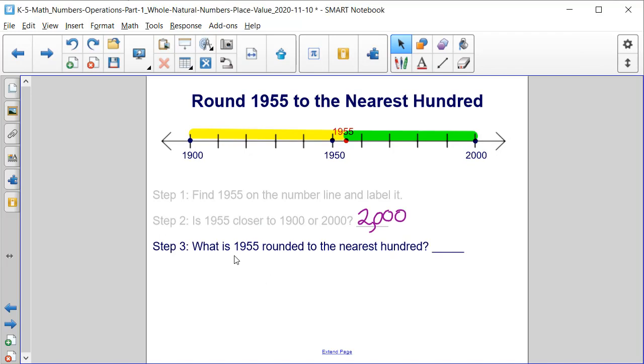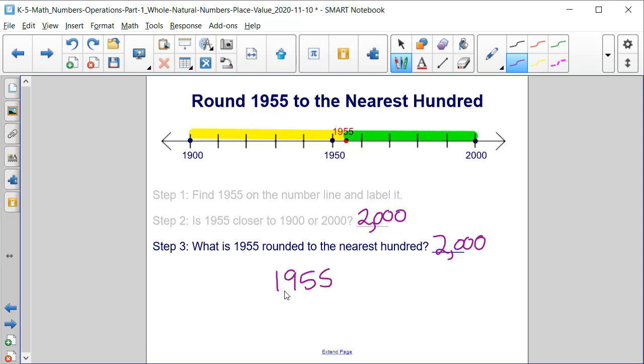So then what is 1,955 rounded to the nearest hundred? It actually ends up being 2,000. So what happened here? We had 1,955, and this 5 that we're looking at rounds this 9 up to a 10.